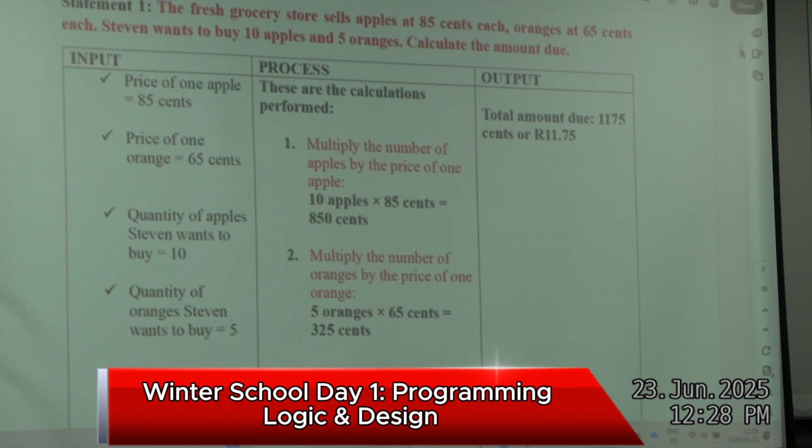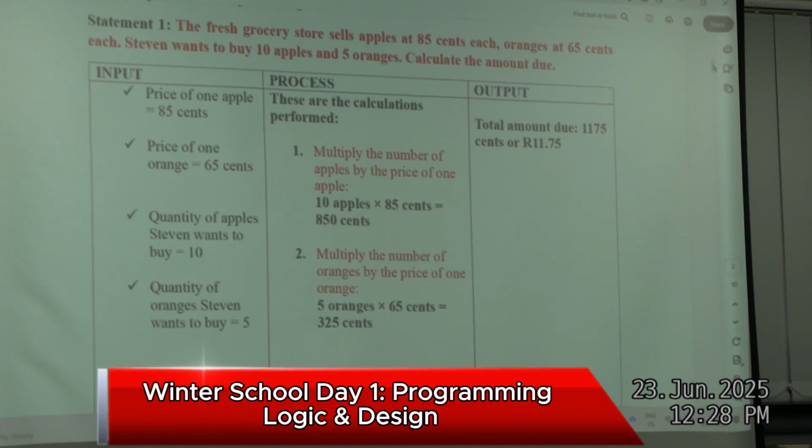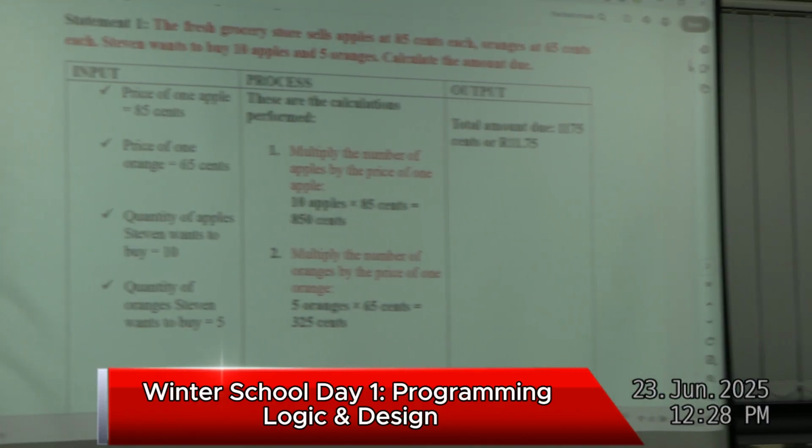As we're still looking for the amount due, we will add the total amount of the 10 apples with the total amount of the 5 oranges, and then convert that into rand, because remember we said that Stephen has only 15 rand. This is a big problem with students. We've been seeing that in your exam.